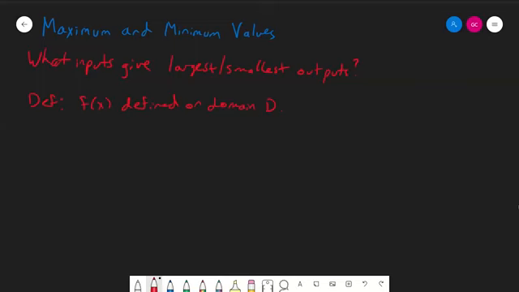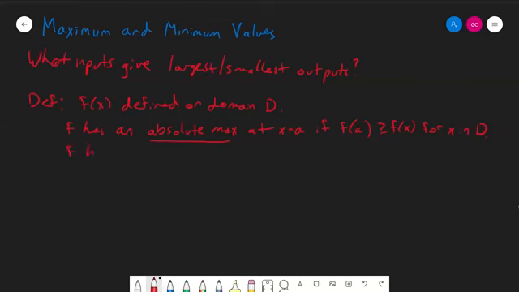Then we say that f has an absolute maximum at x equals a if f of a is at least as big as all of the other outputs for all x in the domain.